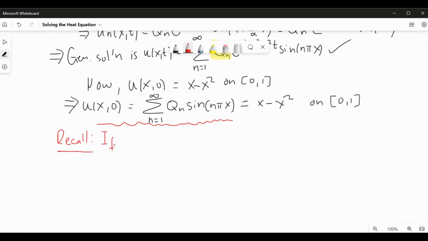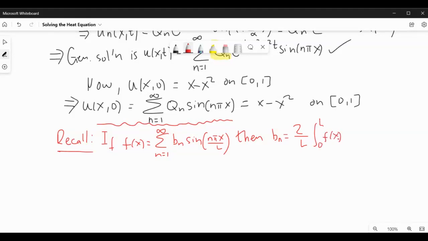So recall, if f of x is equal to the infinite sum of b n times sine of n pi x over L, then the coefficients b n can actually be computed using the formula 2 over L times the integral from 0 to L of f of x times sine of n pi x over L dx.